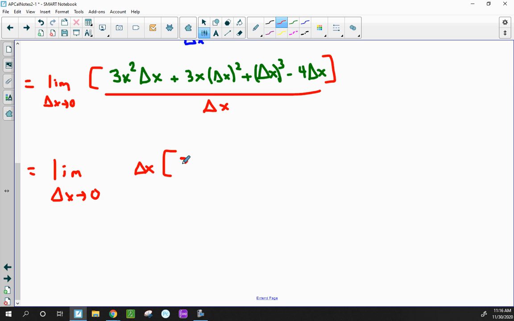And that's going to be leaving me with 3x to the second plus 3x plus, well, there's 3 here, but I factored 1 out, so delta x quantity squared, and then minus 4. You can always double check that using distributive property, make sure it matches the previous step.